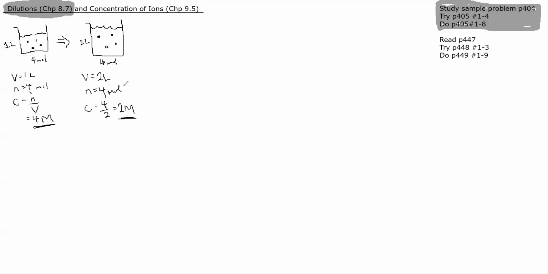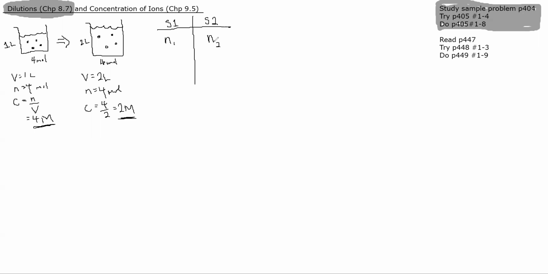That's basically dilution. There's an actual formula for this, and again, bear with me. Let's put it this way. From solution number 1 and solution number 2, let's call the number of moles here N1 and the number of moles here N2.